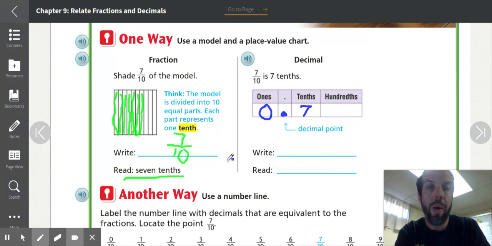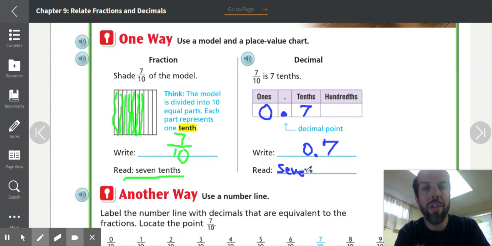All right. So as a decimal, we would write it as 0 wholes. Put your decimal point, and then 7 tenths.